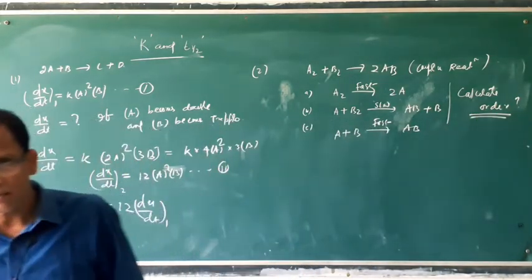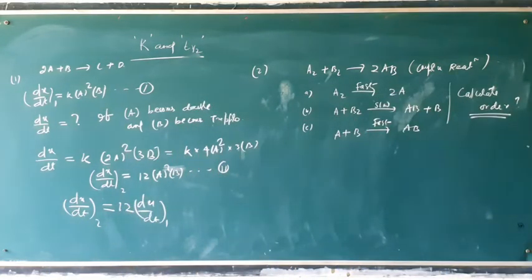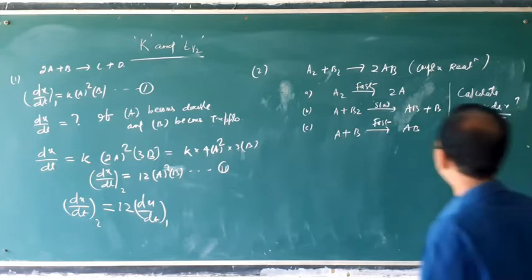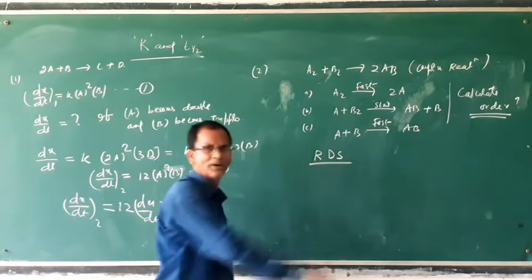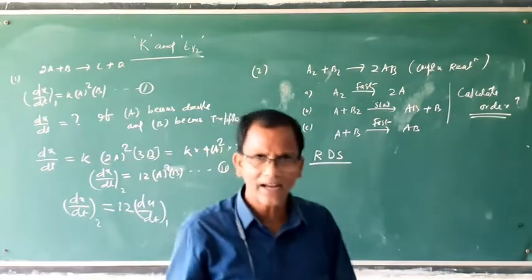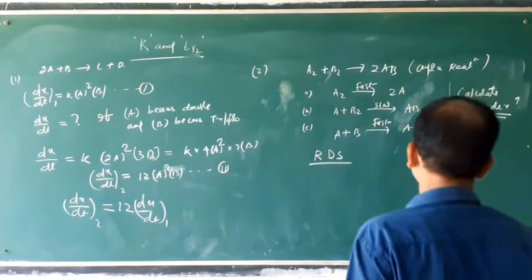Already we have discussed that the order of reaction can be determined from the rate determining step, that is RDS. What is RDS? The rate determining step indicates the rate.